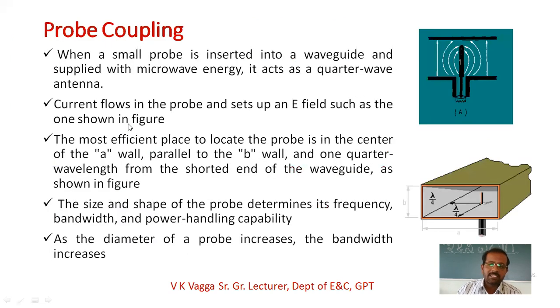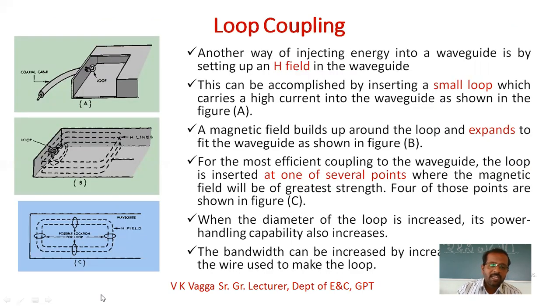In the probe coupling, I said that it is to be inserted exactly at the lambda by 4 distance. And if you take the loop coupling, it can be inserted at any center place on one side. So it is for the most efficient coupling of the waveguide. The loop is to be inserted at one of several points where the magnetic field will be the greatest strength.